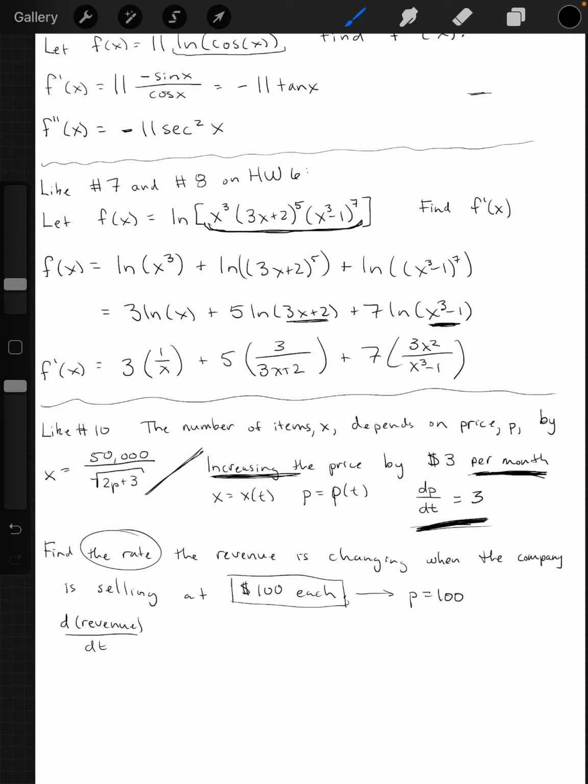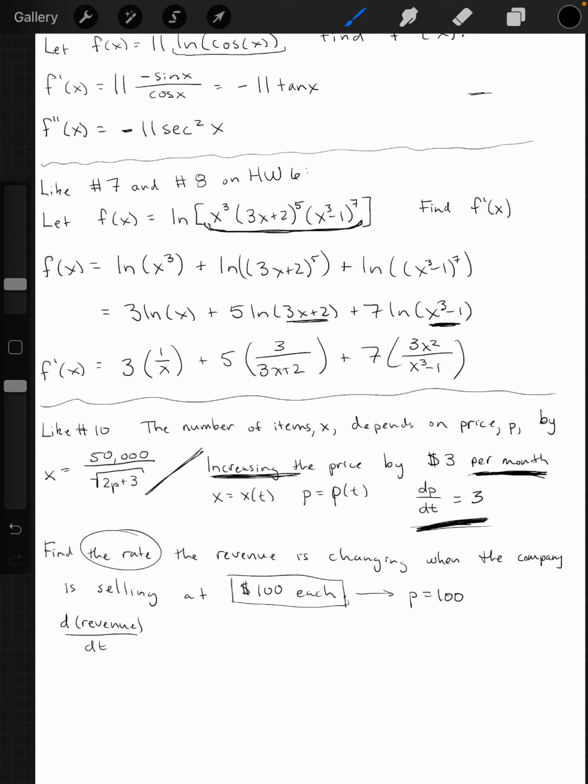Now, we can't plug that into anything yet, right? Anytime you have just the straight value of a variable, you plug that in at the very last step, because any derivatives we take aren't valid if you've plugged something in yet. At the very least, you have to do it after you take the derivative.